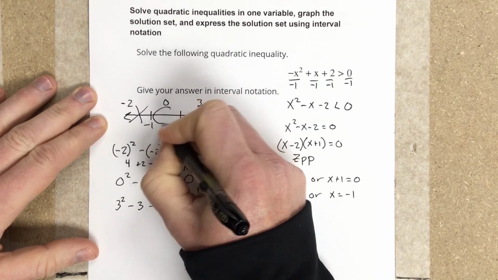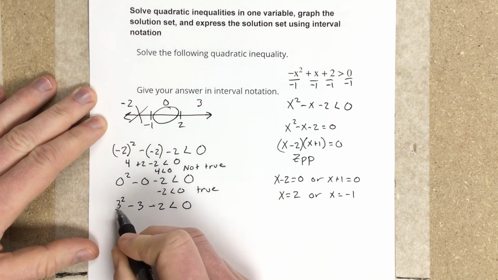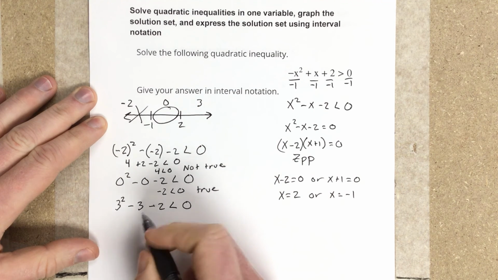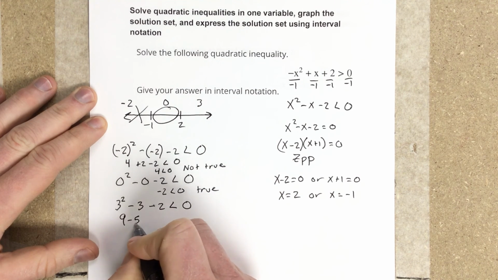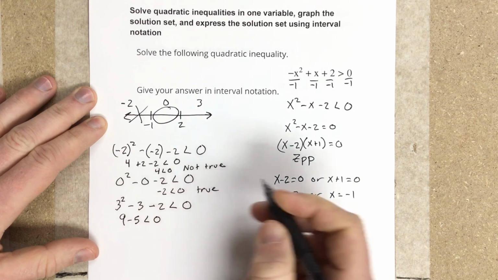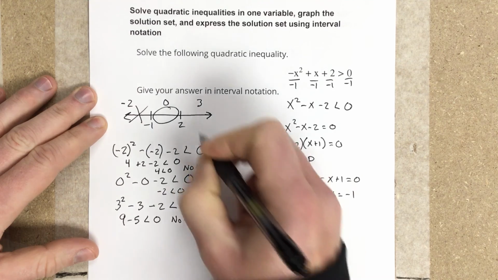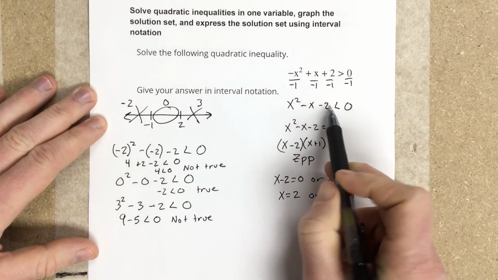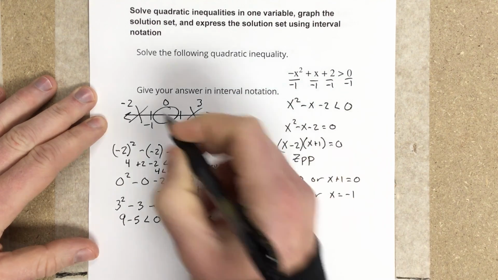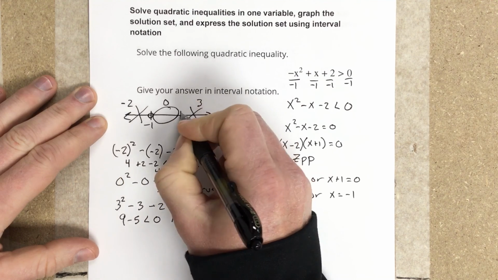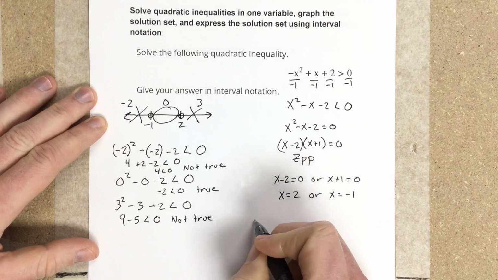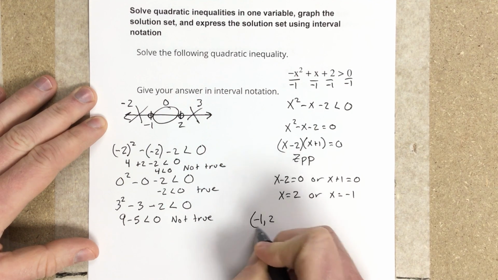So these are solutions. And then 3 squared minus 3 minus 2, that's 9 minus 5. Well, 9 minus 5 is not less than 0, so this is not true. And because our inequality sign is less than this time, this is an open circle on the negative 1 and an open circle on the 2, so we're going to go from negative 1 to 2 with parentheses.